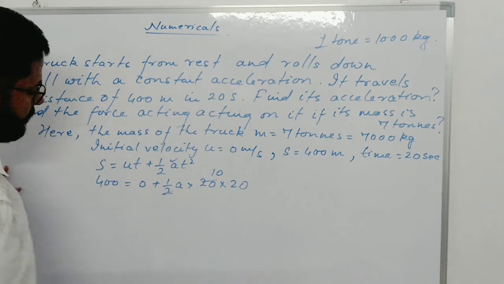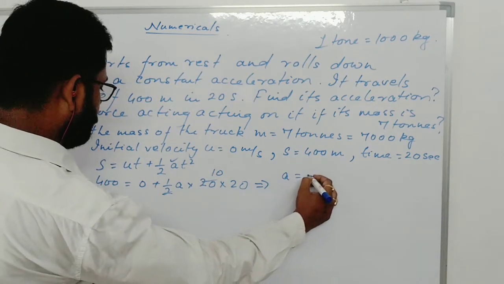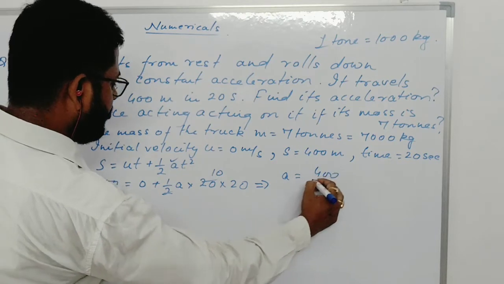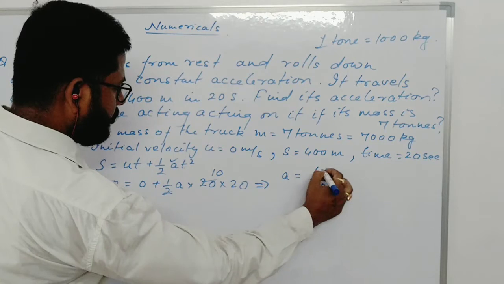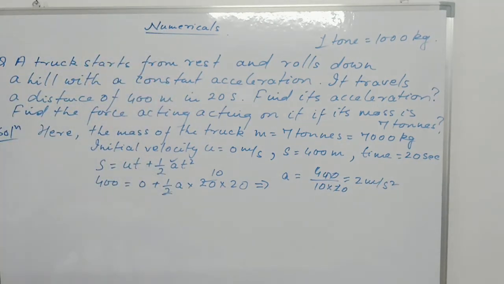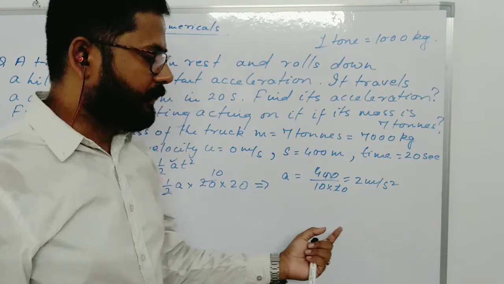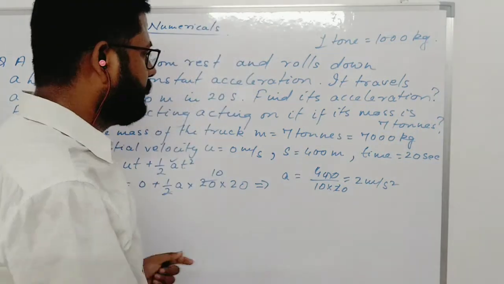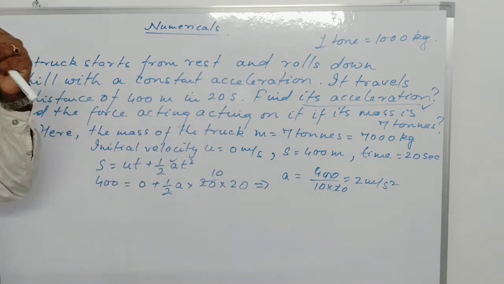So a is equal to 400 upon 10 into 20, which is 2 meter per second square. So the acceleration of the truck is 2 meter per second square.